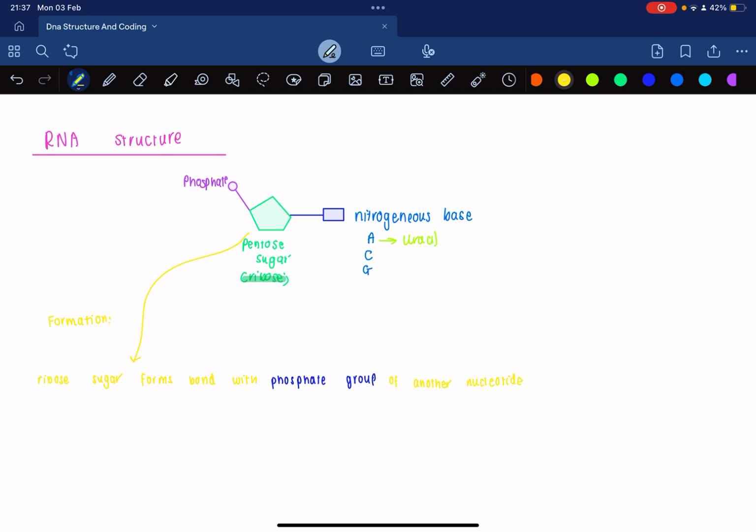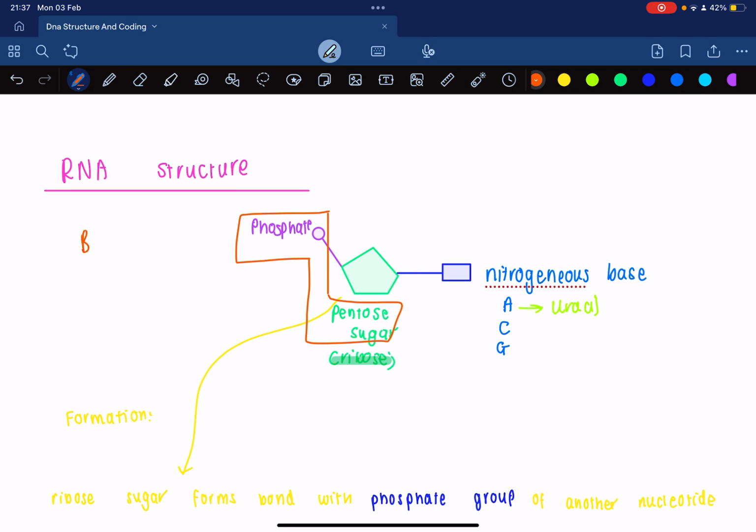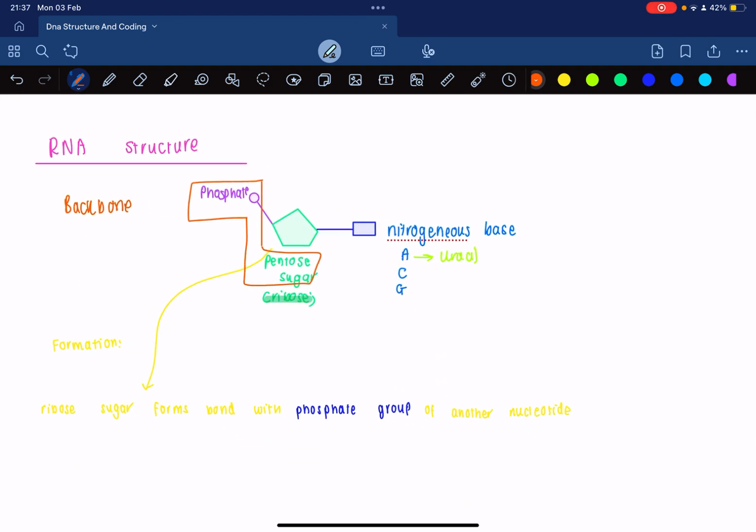Then, what else is going to happen? One single long strand forms, and that RNA strand is going to consist of a sugar phosphate backbone, and complementary base pairing can take place in any number and ratio.